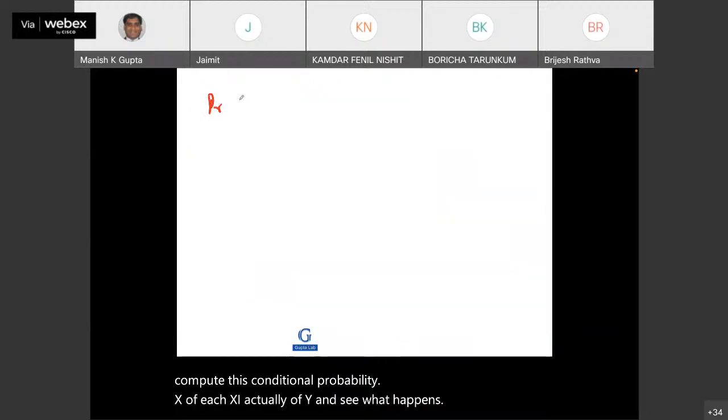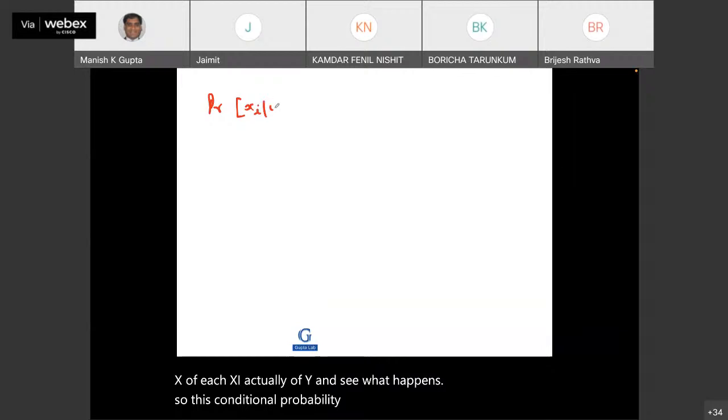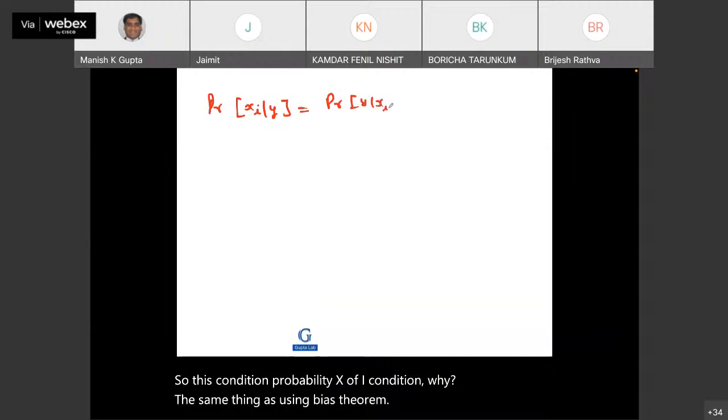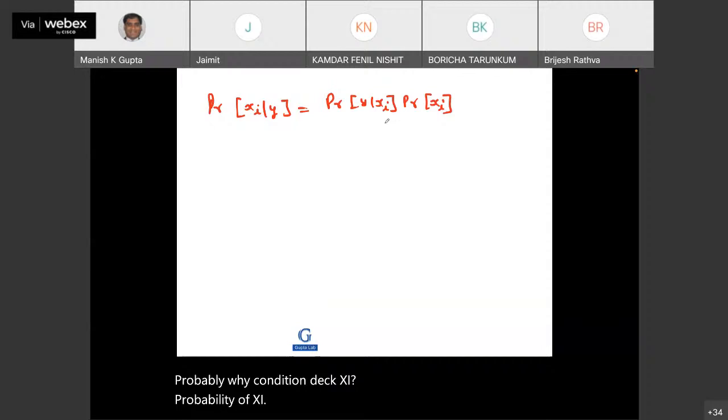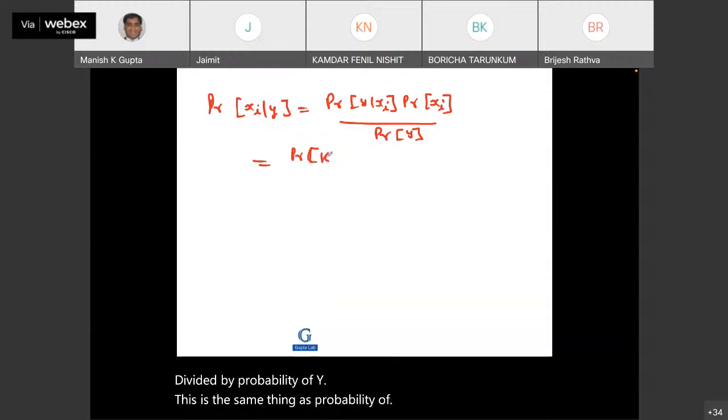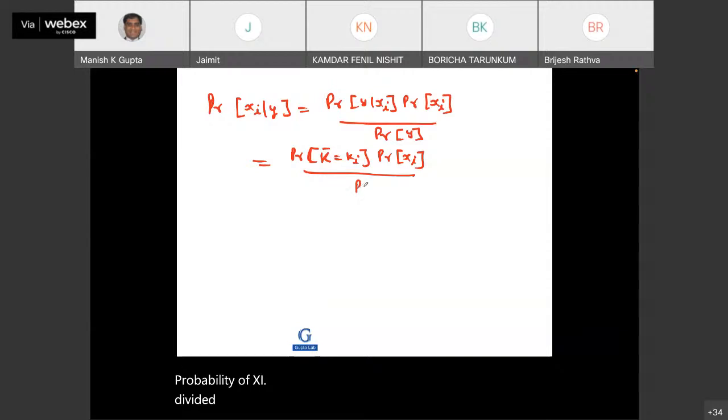So this conditional probability of x_i given y is the same thing as, using Bayes' theorem, probability of y conditioned on x_i, times probability of x_i, divided by probability of y. Now this is the same thing as probability of K equal to k_i, times probability of x_i, divided by probability of y.